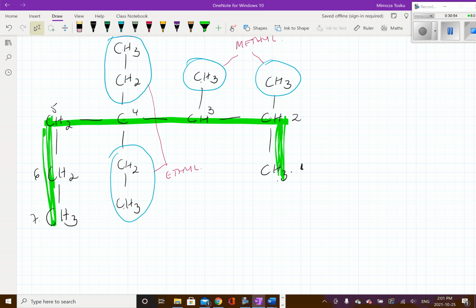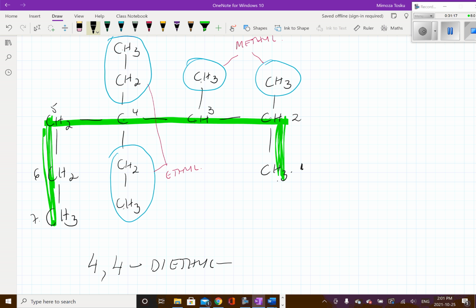It is on the fourth place, correct? So it will be 4, comma, 4, because we have 2 on the same place. Di, because you have 2 of the same. Ethyl.